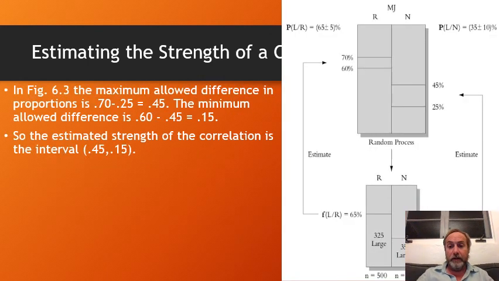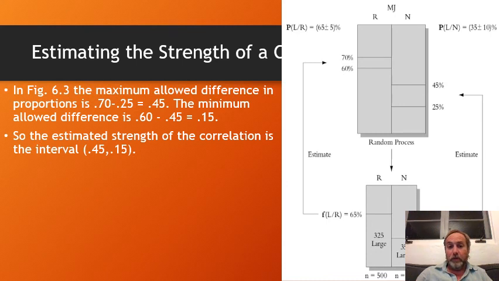So in figure 6.3, this is the one, again, where there was a correlation, right? The maximum possible difference that there might be in the proportions would be 70% minus 25%, right? And then the smallest possible difference that there might be is 60% and 45%.